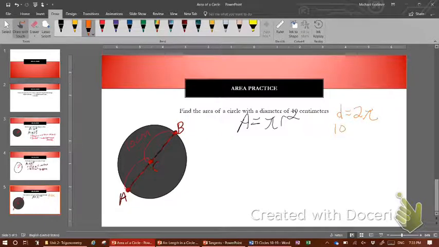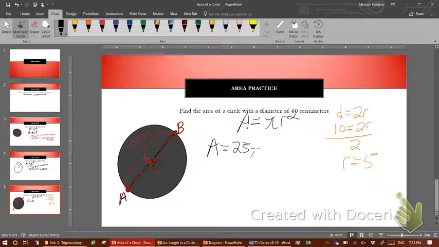So if I have d, which is 10, our diameter is 10, that should be r, not pi. Then we can solve that, and r is 10 over 2, or 5. And in that case, we would have quite simply what we had on our last slide, except this time we're using centimeters squared instead of miles. So we would have our 25 pi and our 78.54.